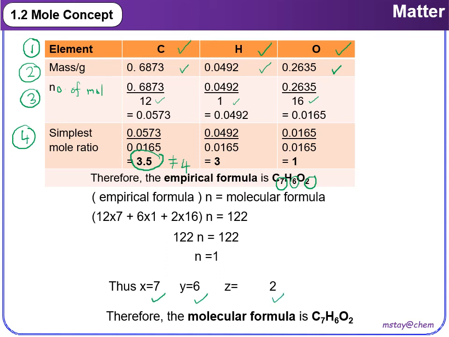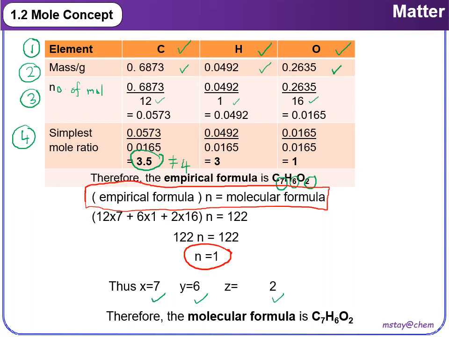So the next one, the question also asks us to look for the molecular formula. So again, we are going to use the relationship between the empirical formula and the molar mass. When you do the calculation, you notice that n is equal to 1, which is a whole number.